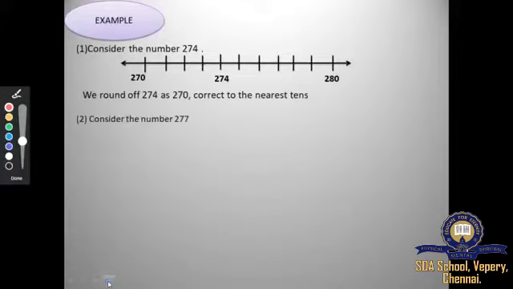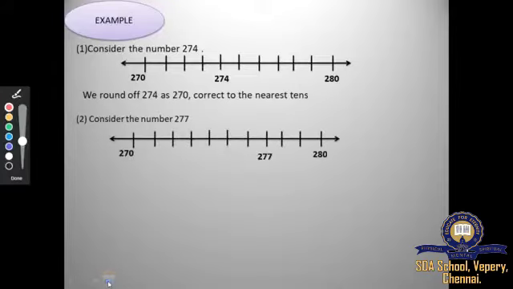The next is consider the number 277. If we plot the number on the number line, it lies between 270 and 280. If you see the ones digit, we have 7. So 7 is greater than 5. So we will see the procedure now.